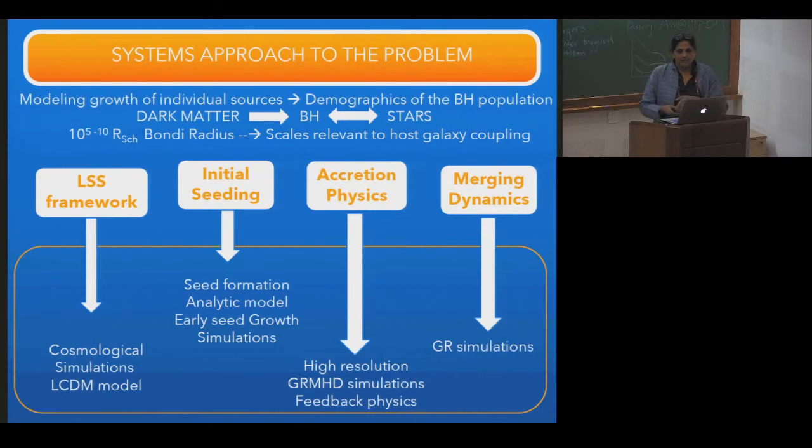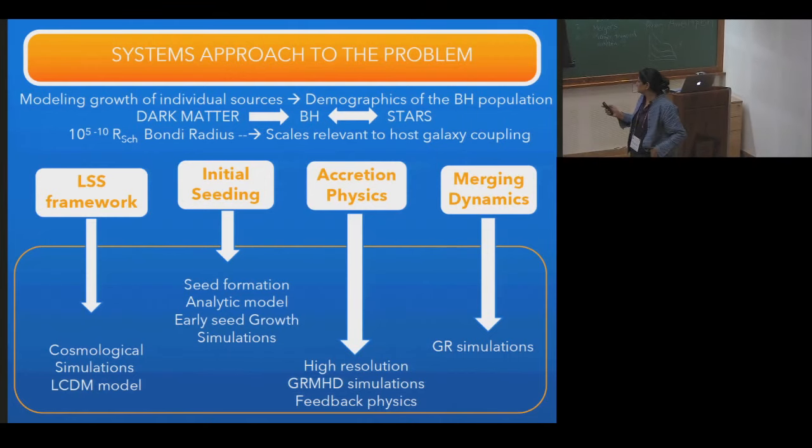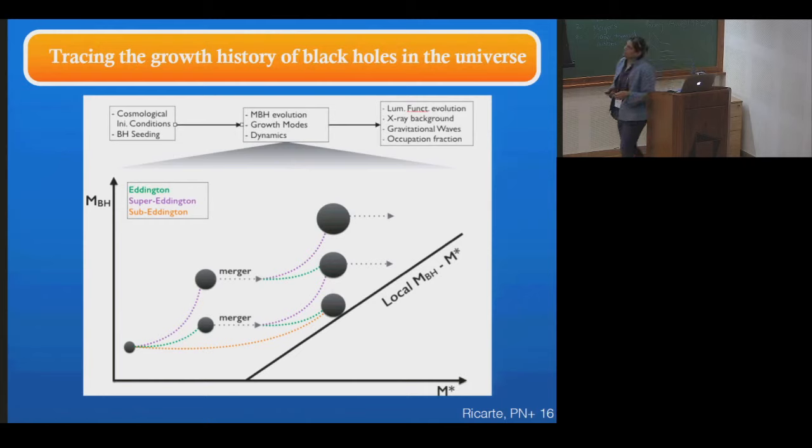Okay, so as I told you, the approach that we took to the problem is to try to integrate many things. I'll go through some of these things very quickly because I have mentioned these before in terms of the overall approach. Really what we want to do is to build a model where we start with an initial seed population at high redshift, cosmological initial conditions, seeding, and then we have growth modes.